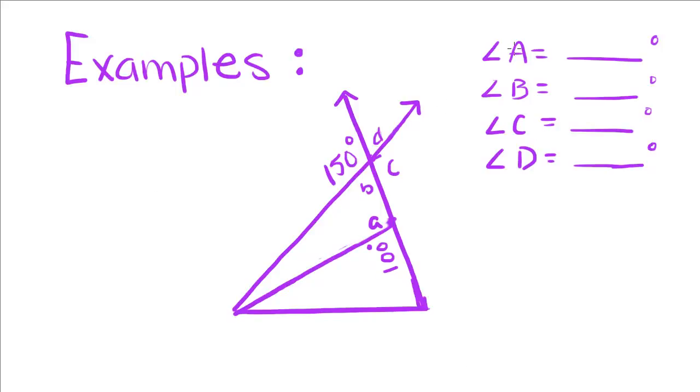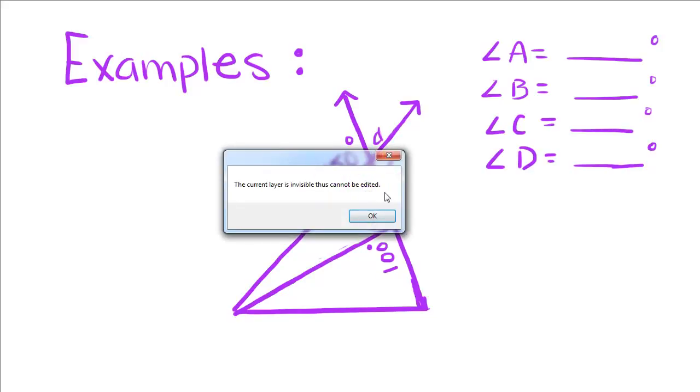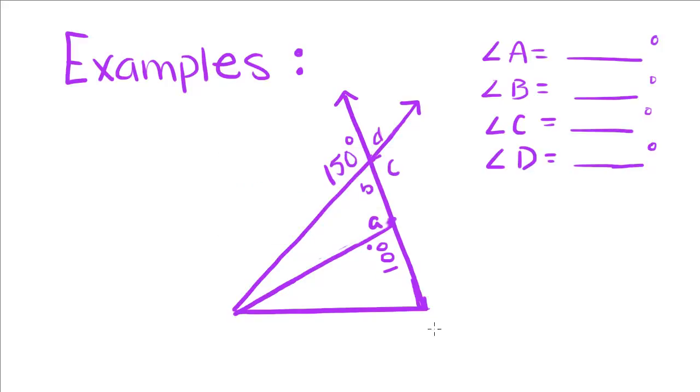Okay, so they want us to find the measure of angle A, angle B, angle C, and angle D. So first, we can find the measure of angle A because this angle right here, which is equal to 100 degrees, and angle A are supplementary angles because they're adjacent, and their totals will equal 180 because this is a line right here.